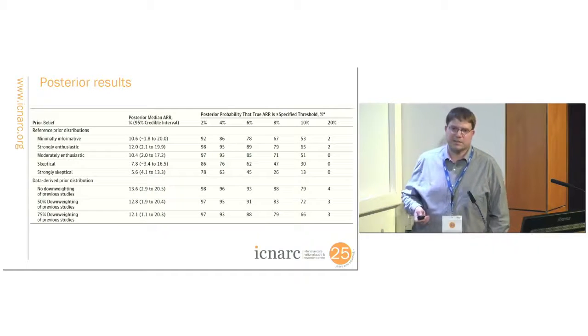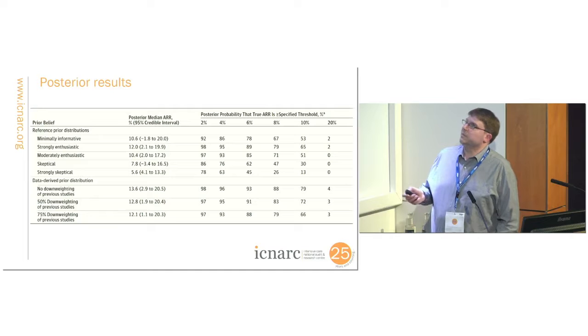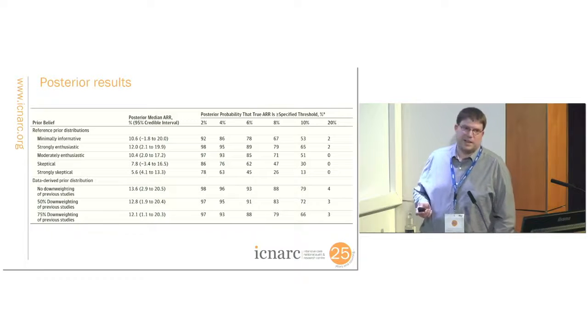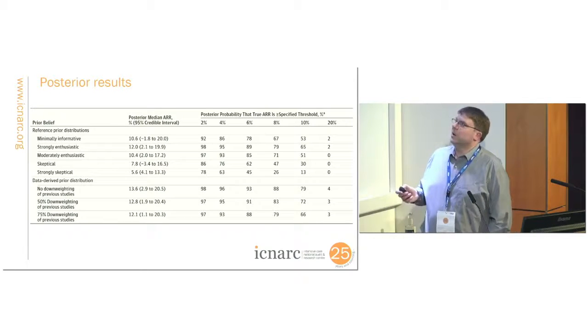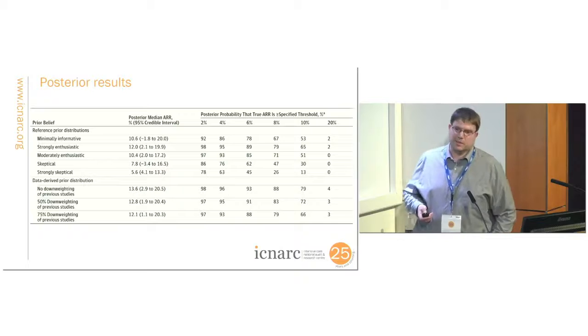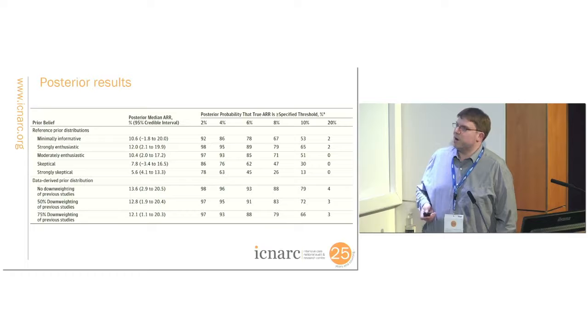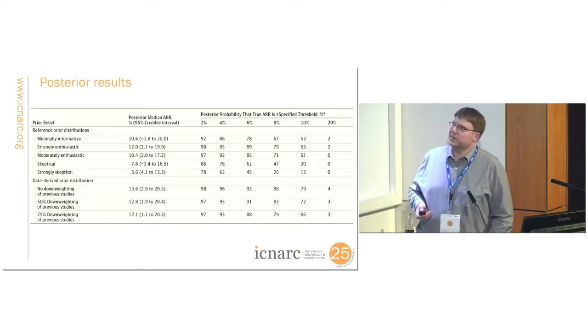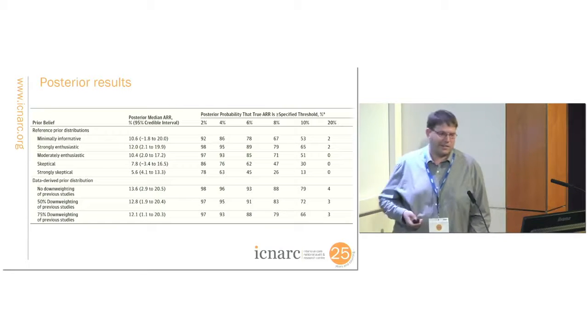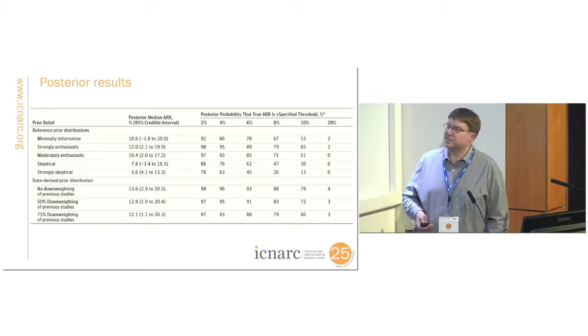There's a 63% chance it's at least 4%. There's a bit of a chance it's at least 10%, the 10% result we saw, although you'd be absolutely sure it couldn't be 20%. And we can answer those different probabilities. As I say, the ones using prior information look very similar to our strong enthusiast, because that's pretty much what the previous data showed.